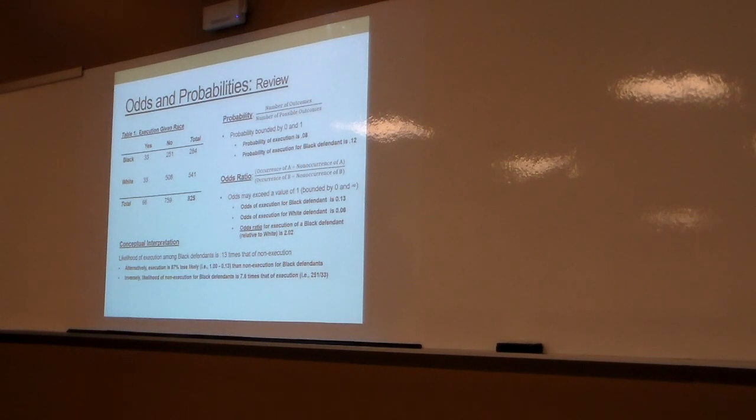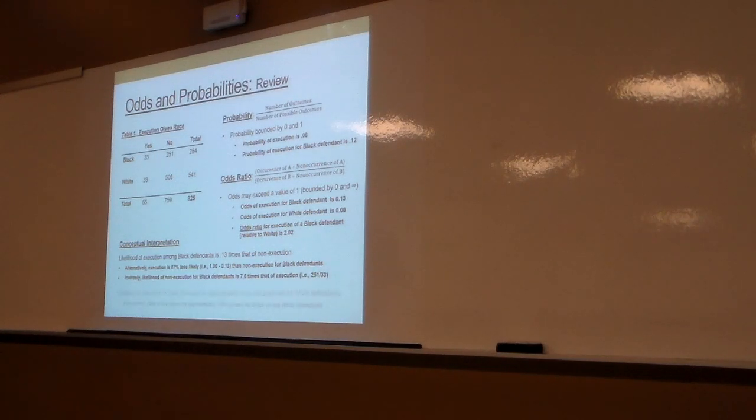And if I do that, what's 251 divided by 33? 7.6. So I would say that the odds of non-execution for black defendants is 7.6 times that of execution, right? And that makes some sense too, right?